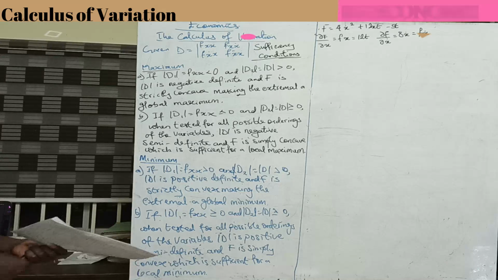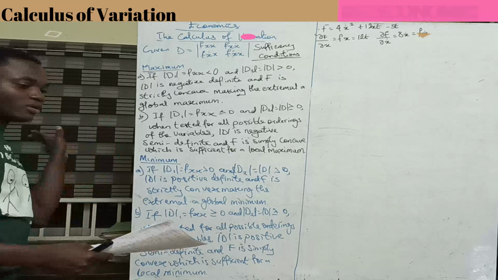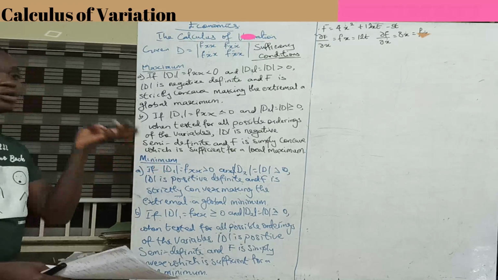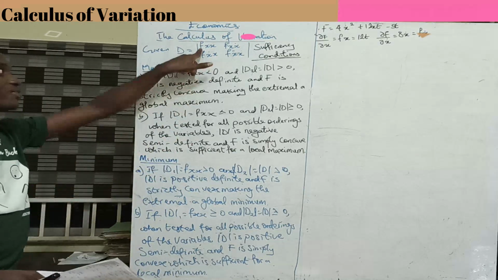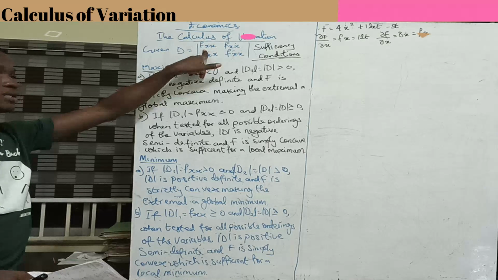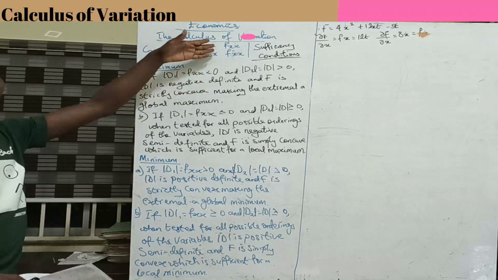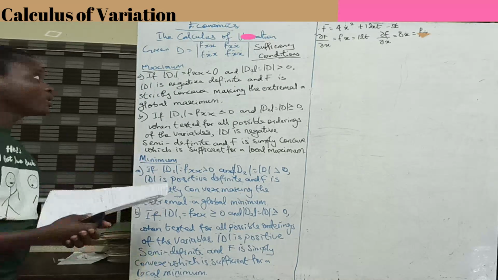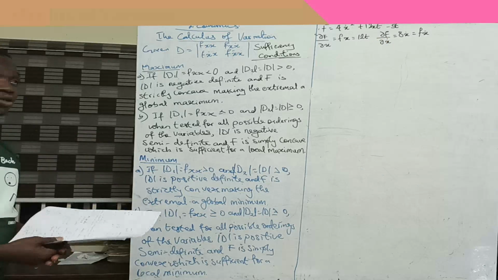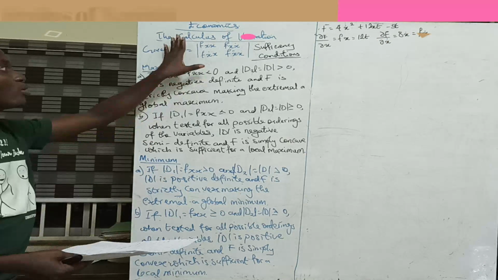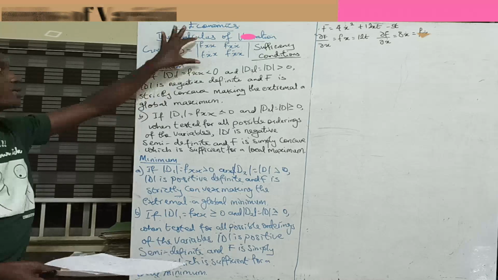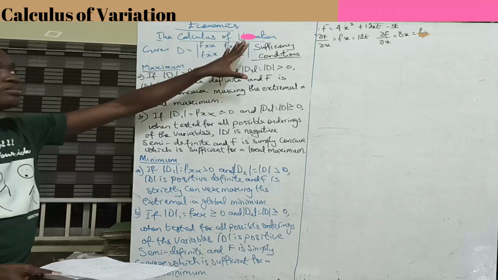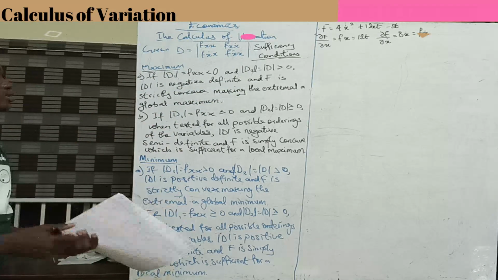You understand? In the series of those classes, we're talking about even a 3 by 3 matrix. So for a 3 by 3 matrix, your D1 will be your fxx, the first entry, the first element of your matrix. Then your D2 will be equal to the determinant.